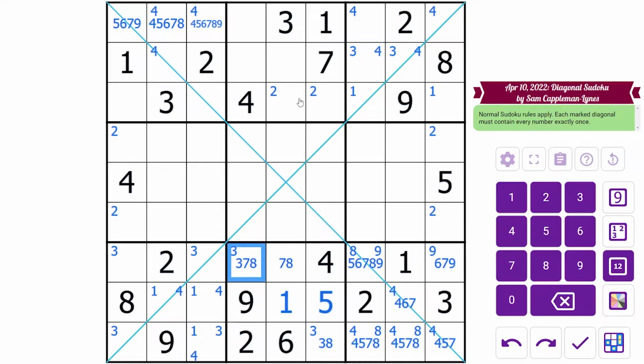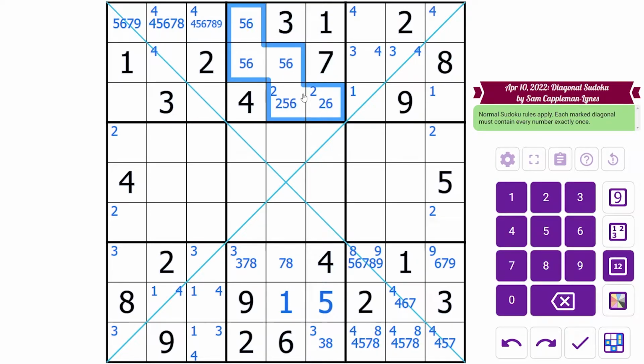Let's look over here on the opposite side. And these boxes have 1, they don't have 2. These can't be 2. They see the 3 and the 4. We get our 5, but this cannot be 5.